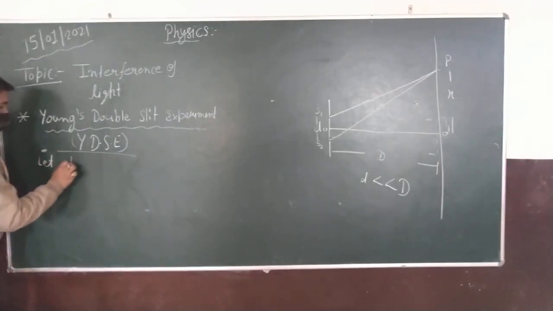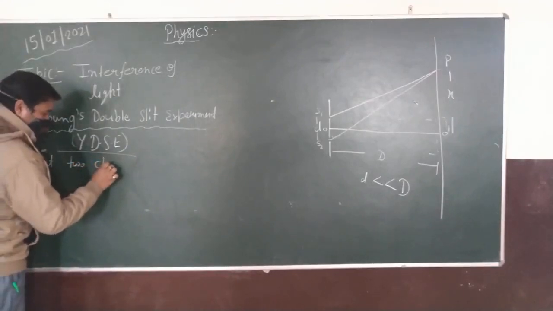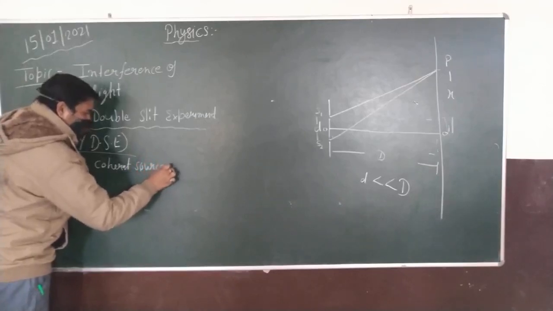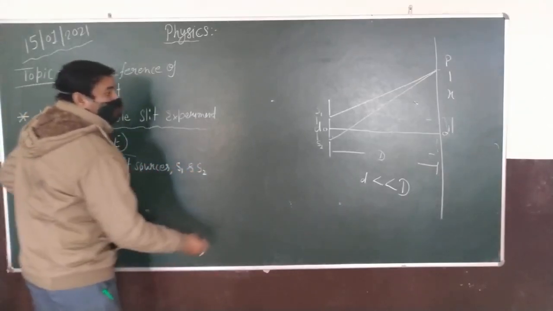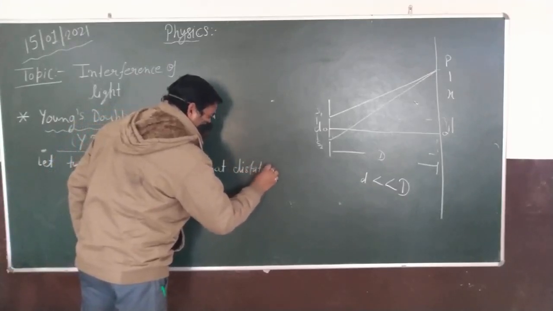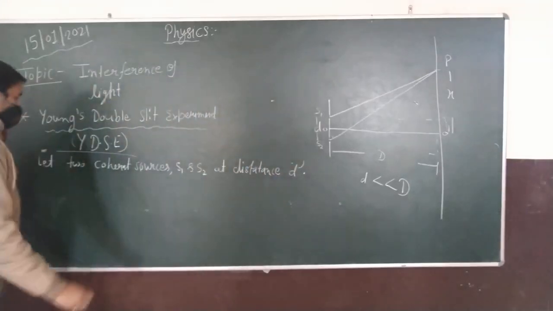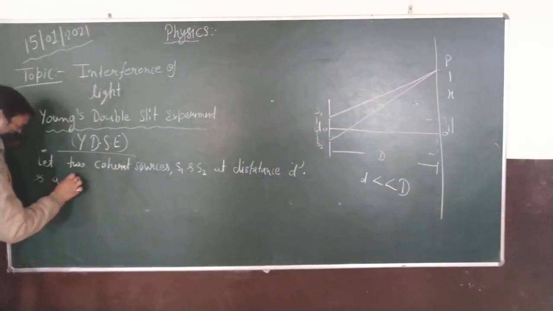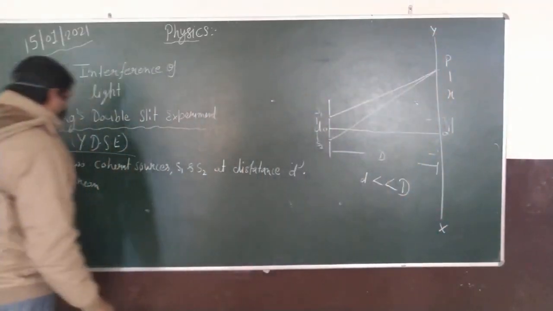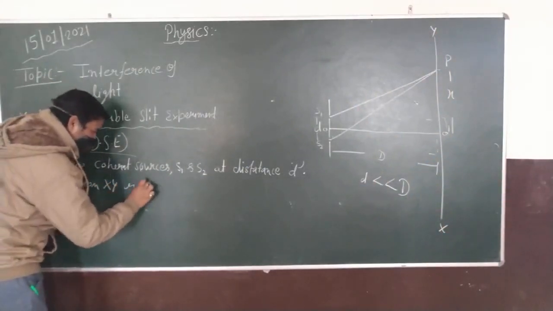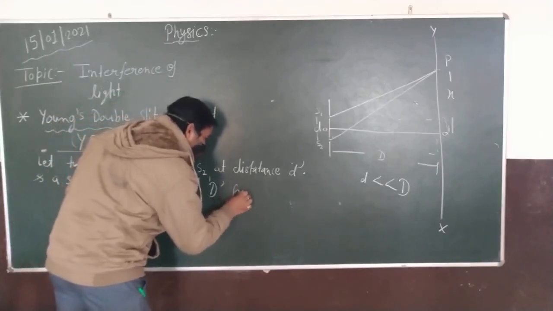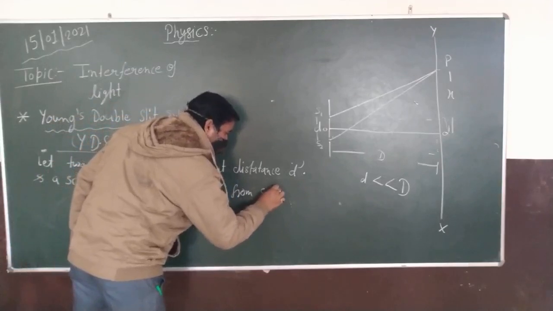Let two coherent sources S1 and S2 be at distance small d, and a screen, let's say XY, is placed at capital D distance from S1 and S2.